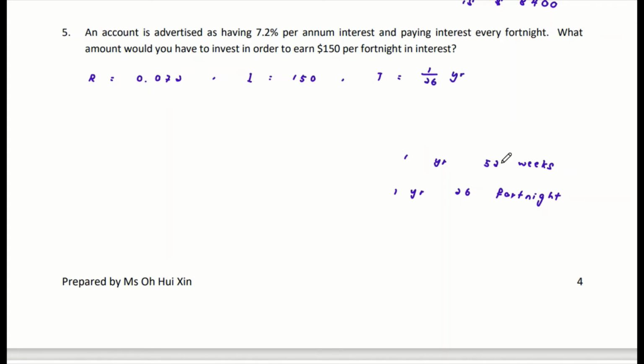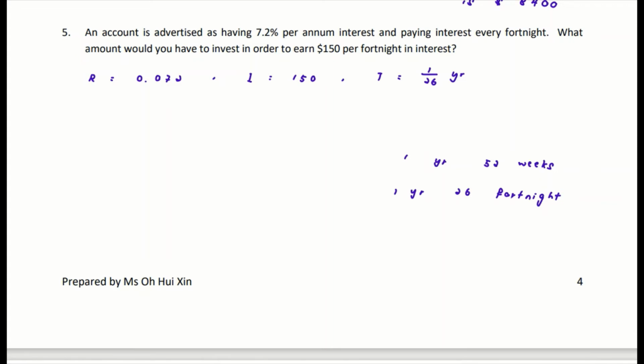I hope that you get what we are doing here. If you are doing weekly, then it will be 1/52 year. If you are doing monthly, then it will be 1/12. If you are doing quarterly, then it will be 1/4. If you are doing fortnightly, then it will be 1/26, because in 1 year, you have 26 fortnights. So 1 fortnight is 1/26 years.